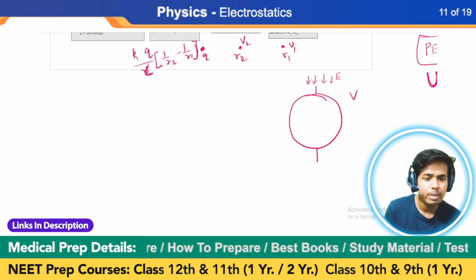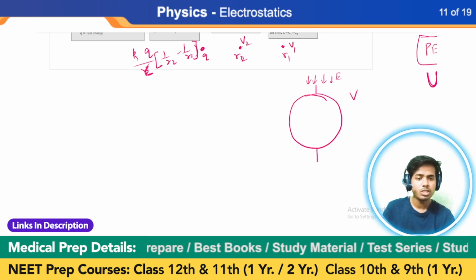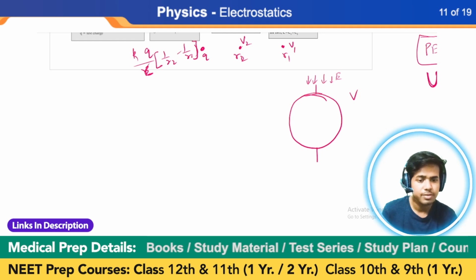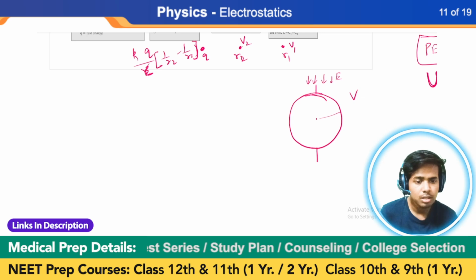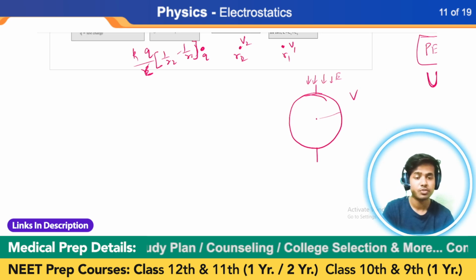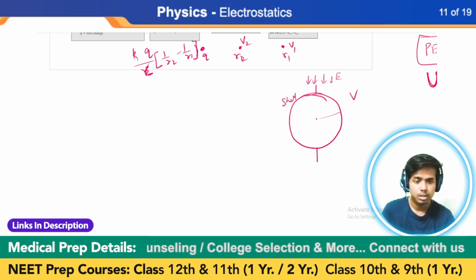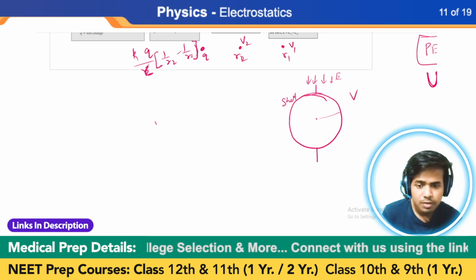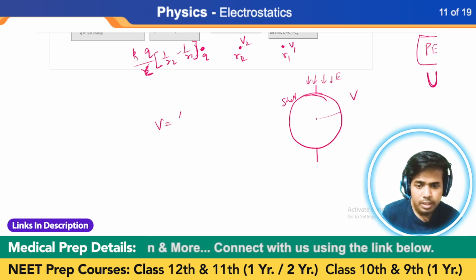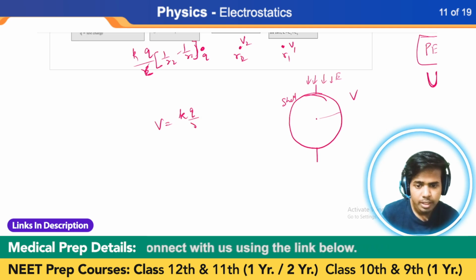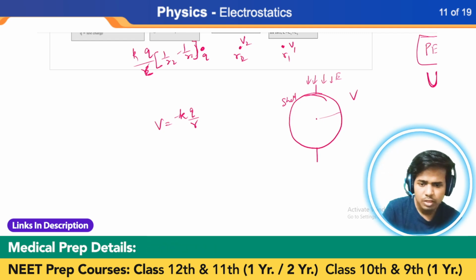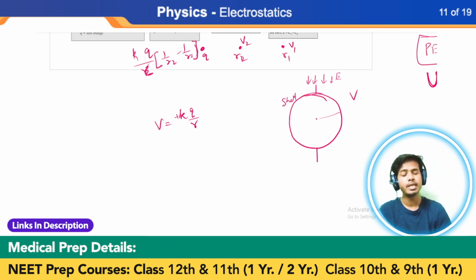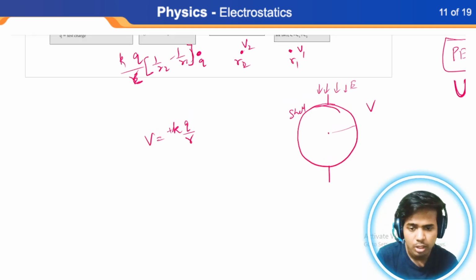First of all, whenever we apply some potential, some of the charge will accumulate on the surface. Let's find the potential on the surface of the shell. Of course, this is a shell. The potential on the surface of the shell is equal to K Q upon R, right? For the magnitude's sake, let's take it as K Q upon R.